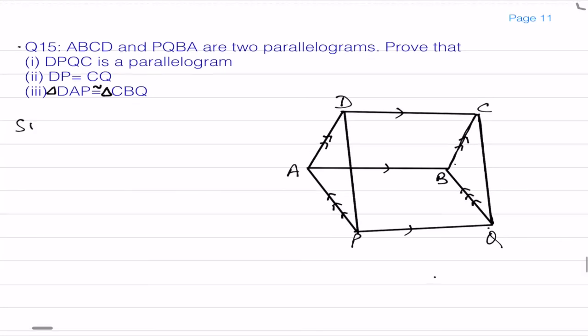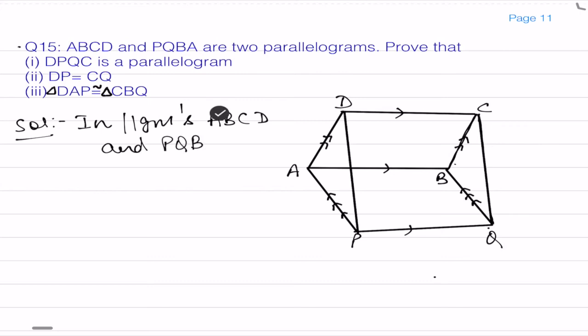So we'll start. First we will see in parallelograms ABCD and PQBA. So first I'll see ABCD. AB is parallel to CD and AB is equal to CD.